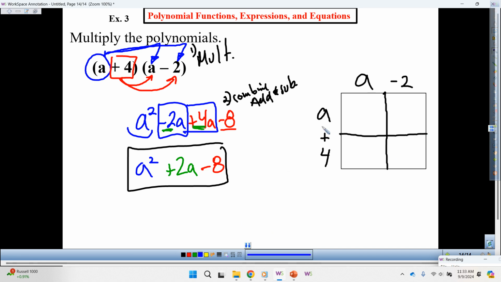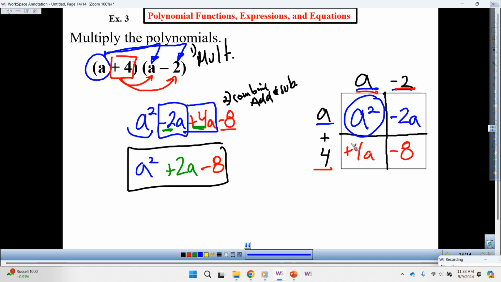Here we go. A times a is a to the second. A times -2 is -2a. Now I'm going to do the 4. 4 times a is positive 4a. 4 times -2 is -8. From there, combine stuff.